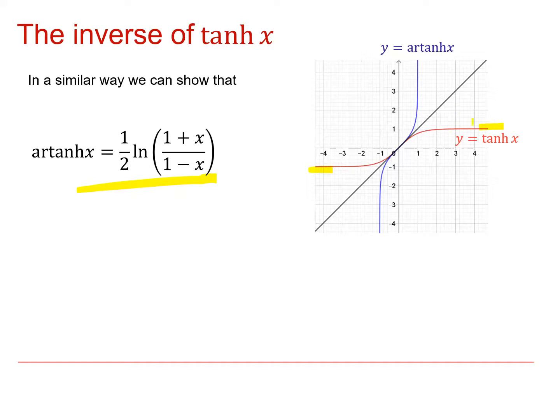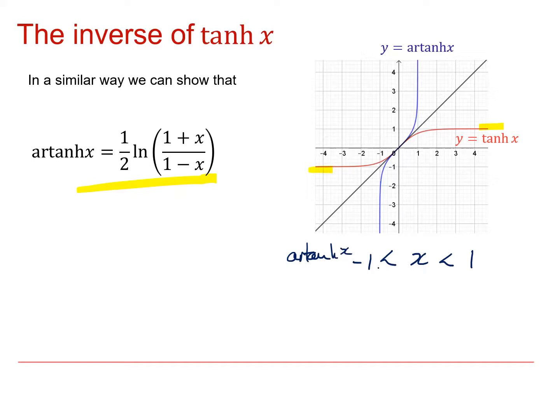Tanh x can't take a value higher than 1, and therefore our arctanh x cannot have a value for x that's higher than 1. And in fact, x is less than 1 and greater than minus 1 for our arctanh x.